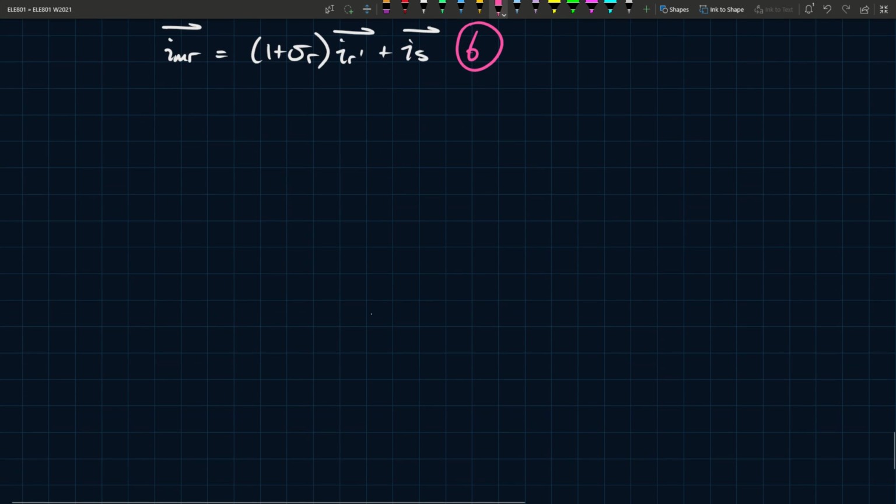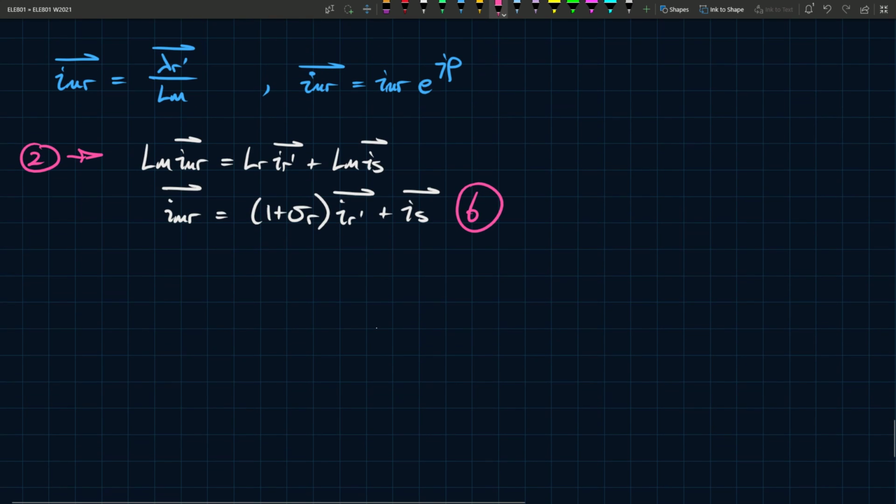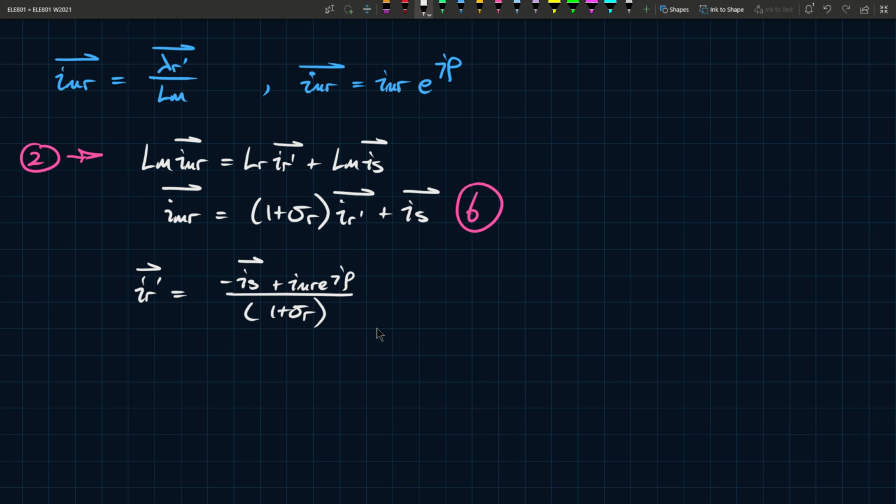Okay, next, I guess if you wanted to, you can rearrange this in another form because this might be easier to manipulate later on. So why don't we rearrange this in another format to say that IR prime is equal to minus IS plus IMR e to the j rho, divided by 1 plus sigma r.